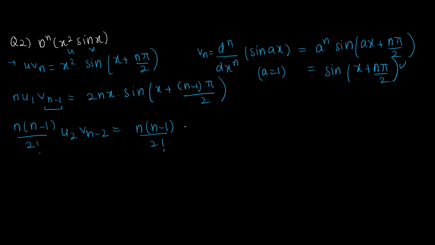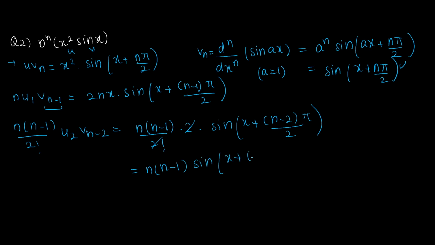Value of u2 is 2. Vn minus 2 is again sine x plus n minus 2 pi by 2. Okay, this 2 gets cancelled. Finally, I'll be getting n into n minus 1 sine x plus n minus 2 pi by 2. Clear? Okay, so I have all the three terms.